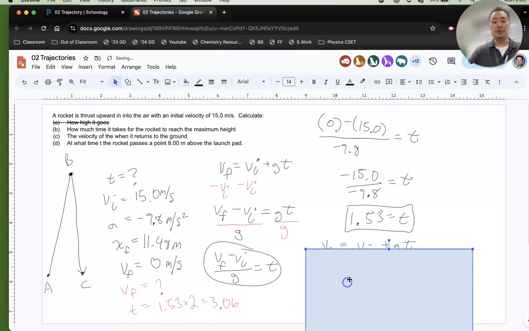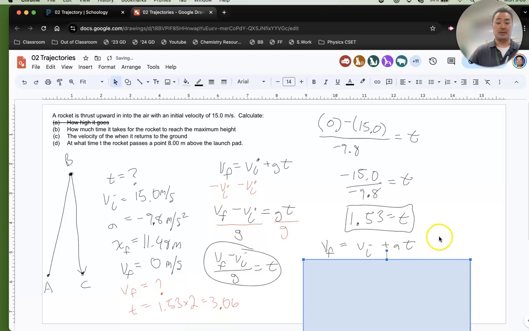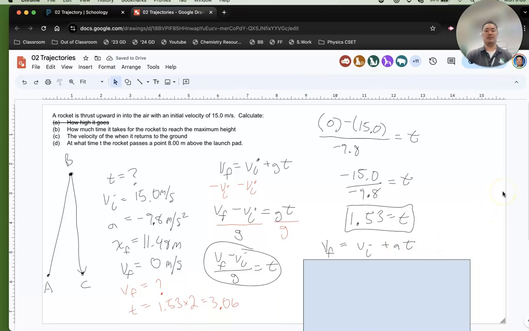And the equation to use for finding the new velocity is the same one we used earlier. But now we have to find v sub f. We're not trying to find how high it goes. We want to find how fast it comes down and crashes.